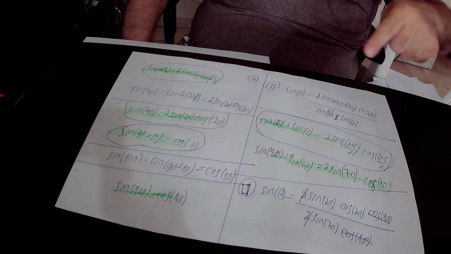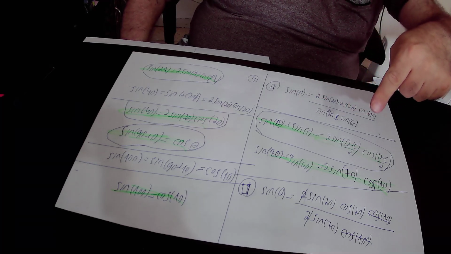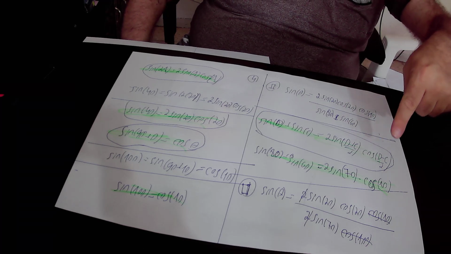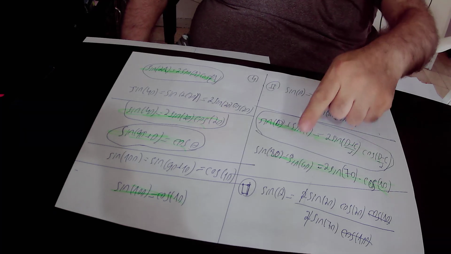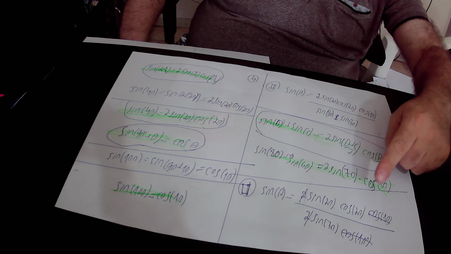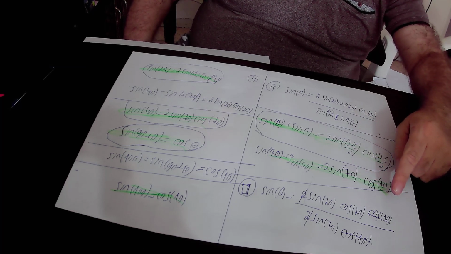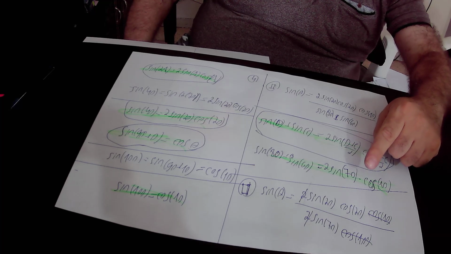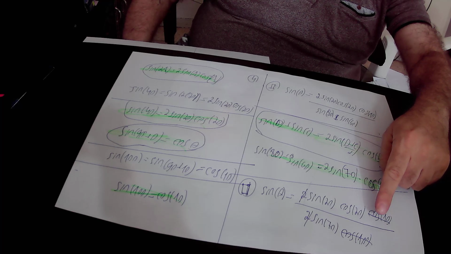So we can substitute sin 80 degrees plus sin 60 degrees by 2 times sin 70 degrees times cosine 10 degrees. According to equation number 2, sin theta equals 2 times sin 20 degrees times cosine 20 degrees times cosine 10 degrees, over 2 times sin 70 degrees times cosine 10 degrees.